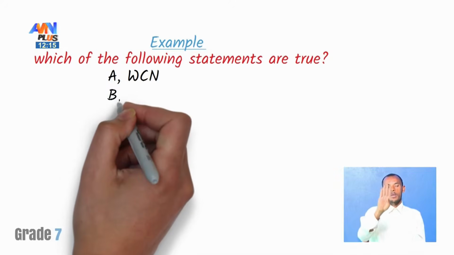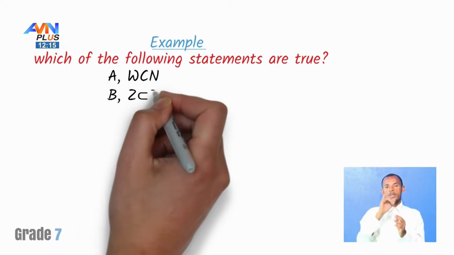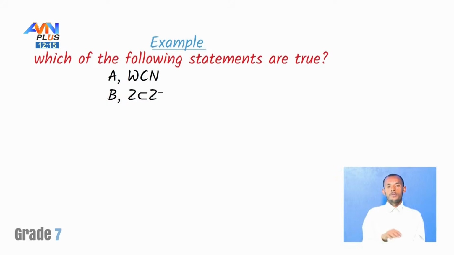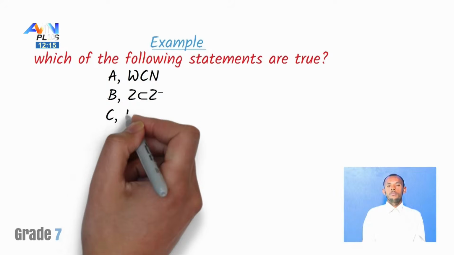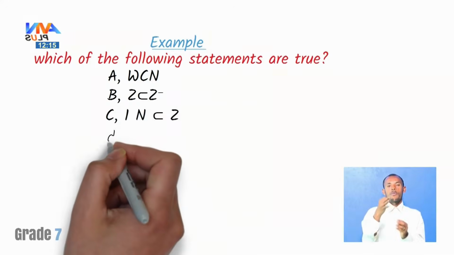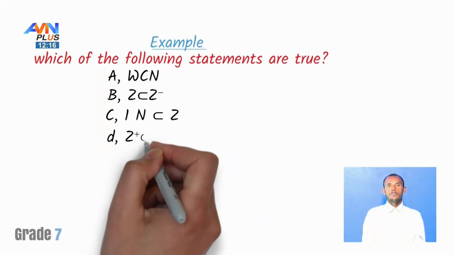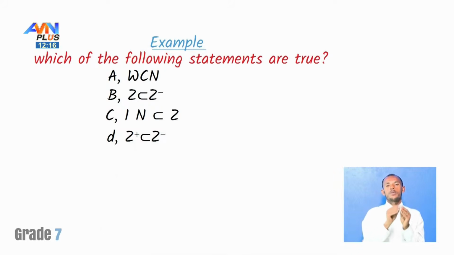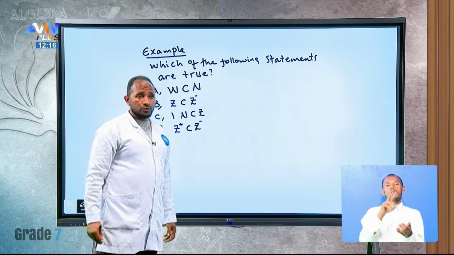B, set of integer is a proper subset of... C, natural number... D, set of positive integer is a proper subset of negative integer. I'll give you 20 seconds for this question.